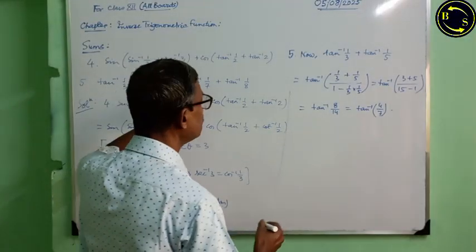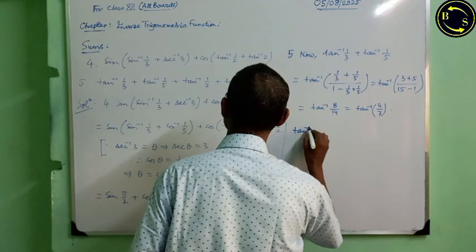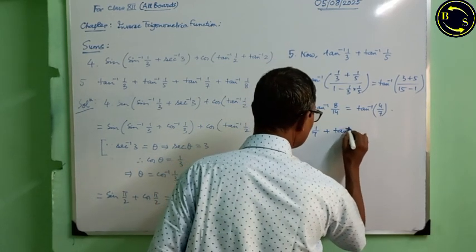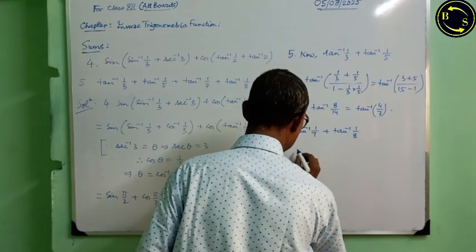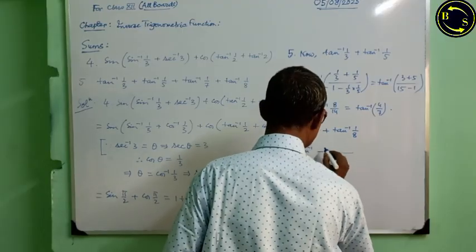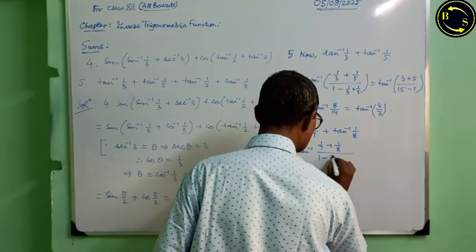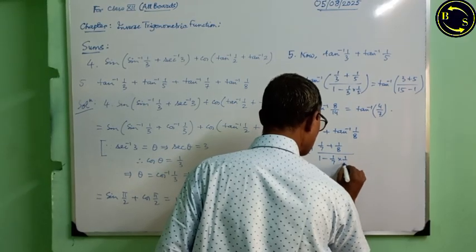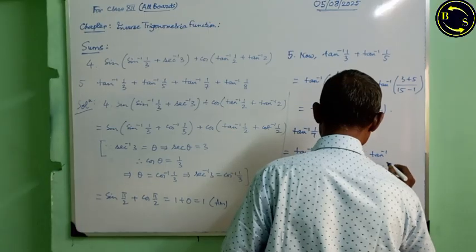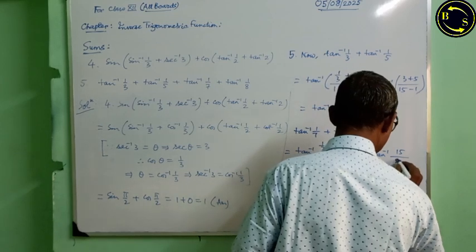Now I calculate these two. Tan inverse 1 by 7 plus tan inverse of 1 by 8 is equal to tan inverse 1 by 7 plus 1 by 8, 1 minus 1 by 7 into 1 by 8, tan inverse 15 by 55.